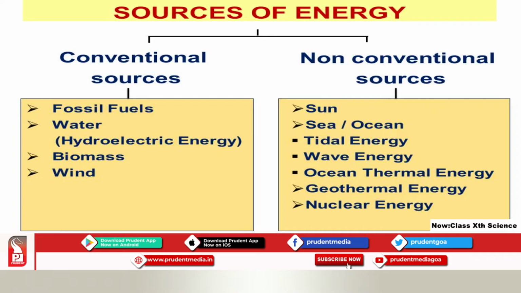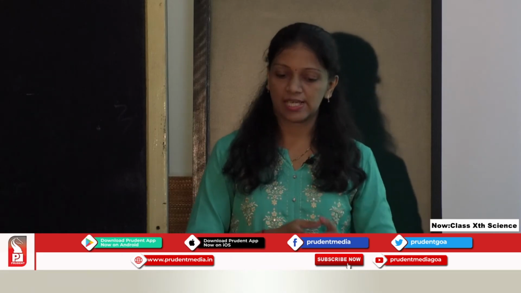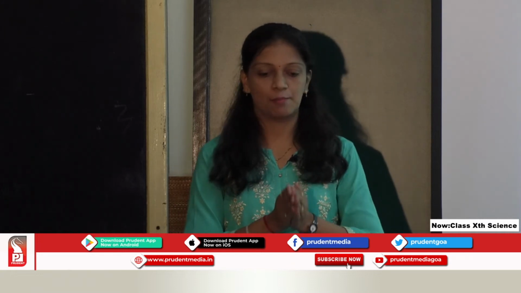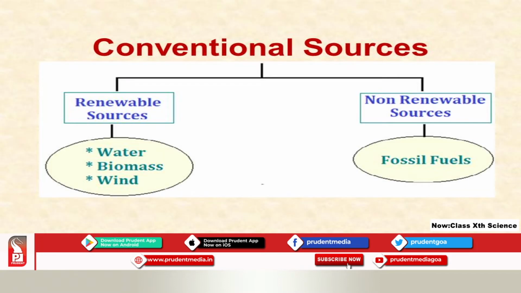Then energy can be obtained from sea or ocean like tidal energy, wave energy, ocean thermal energy, or it may be geothermal energy or nuclear energy. So we are going to learn about the conventional sources and non-conventional sources in this chapter. In today's class, we are going to discuss the conventional sources of energy. So let's move further with the conventional sources of energy.